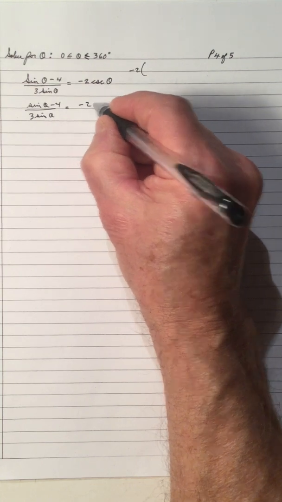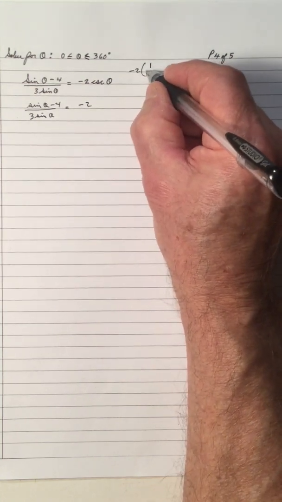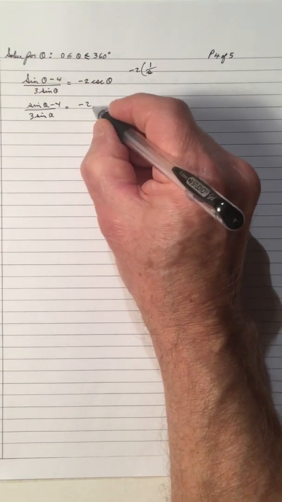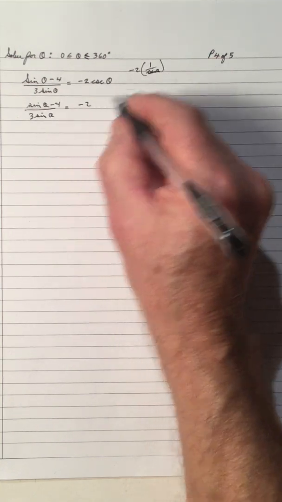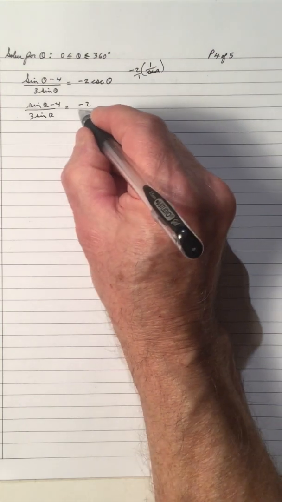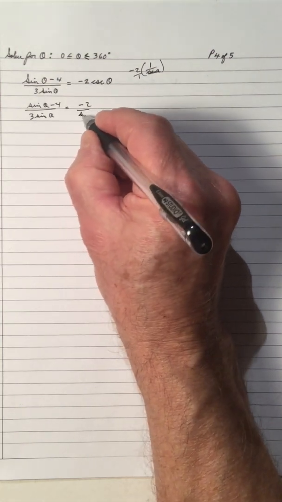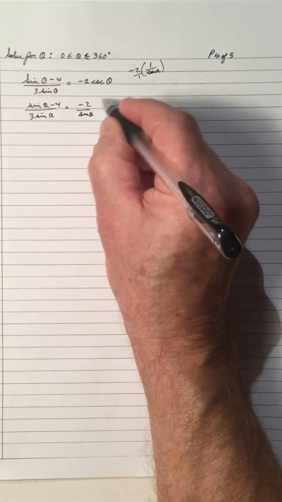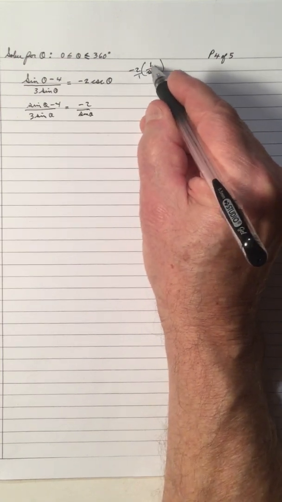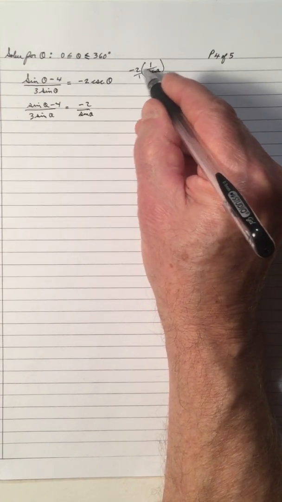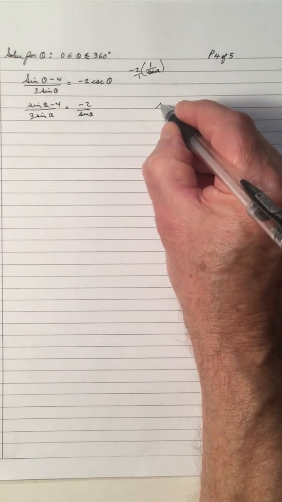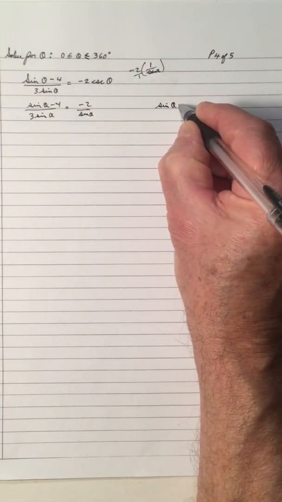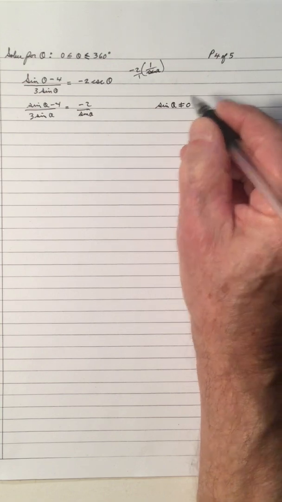Cosecant is 1 over sine theta, so that's -2 over 1 times 1 over sine, and you get -2 over sine theta. And again, notice that sine theta cannot be 0.